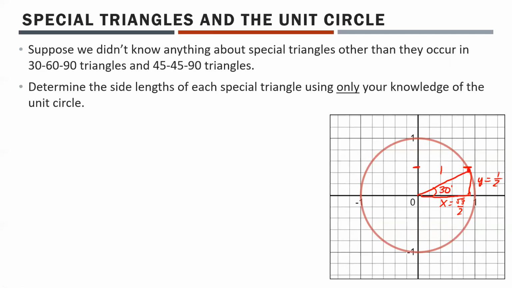Likewise, if I drew, let's say down here, a 60-degree angle, or I should really say a 60-degree reference angle, so let's say this part right here was 60 degrees. I guess that would be 180 plus 60, so it's actually 240 degrees, but you get the idea.